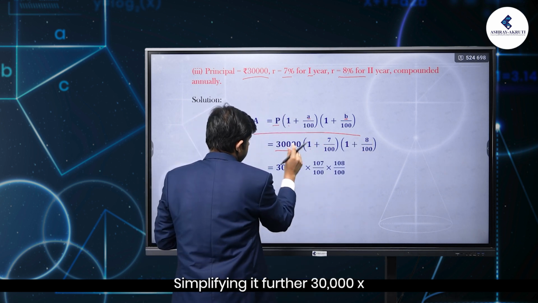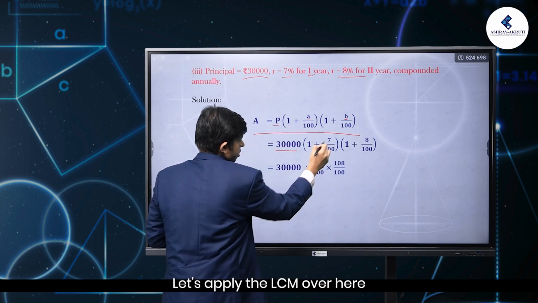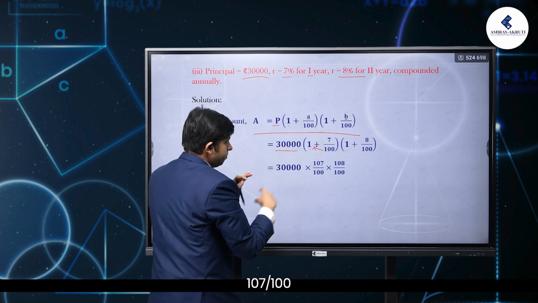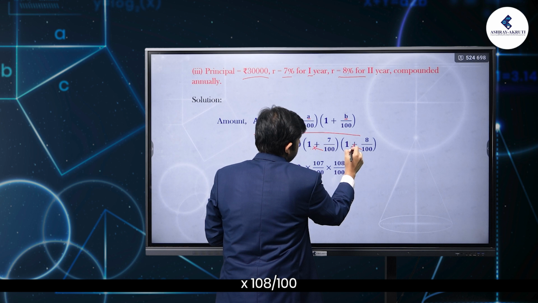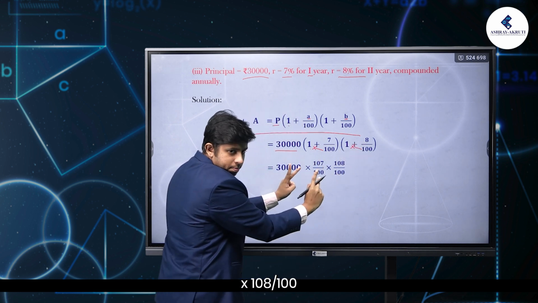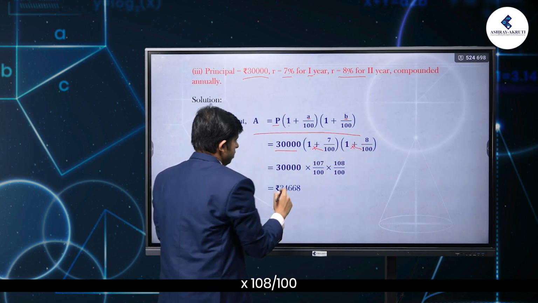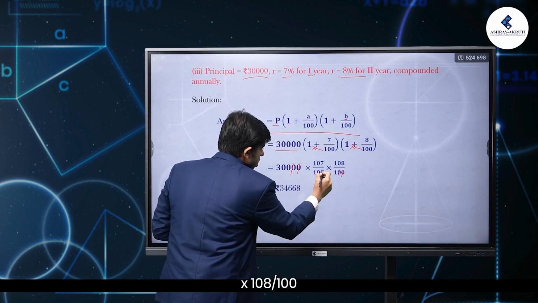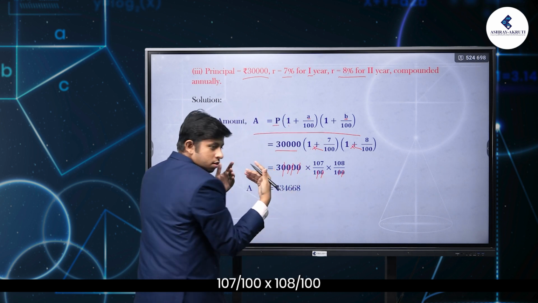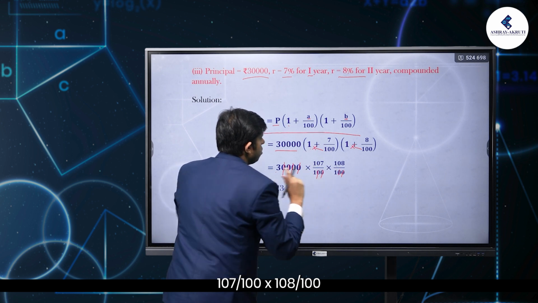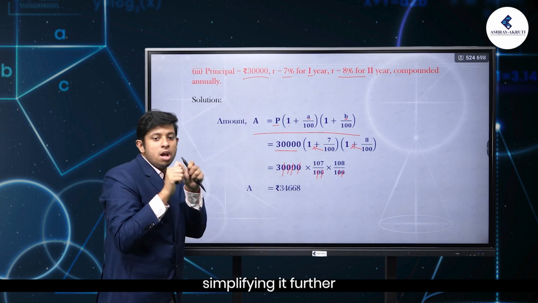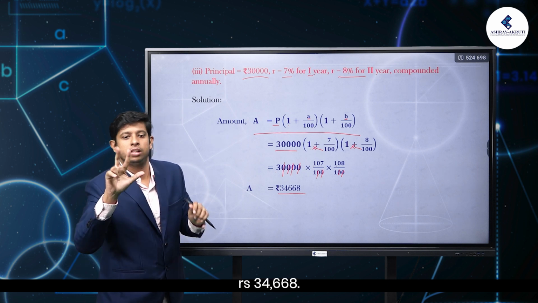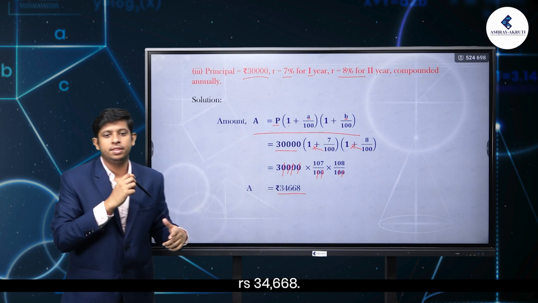Simplifying it further, 30,000 into LCM over here, 107 by 100 into 108 by 100. Simplifying it further, we get A is equal to rupees 34,668.